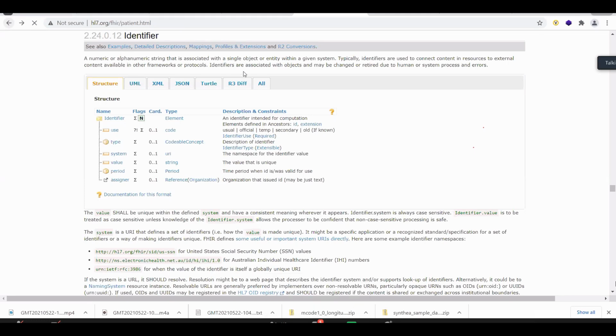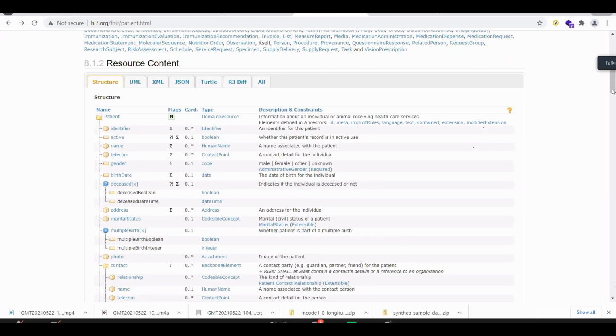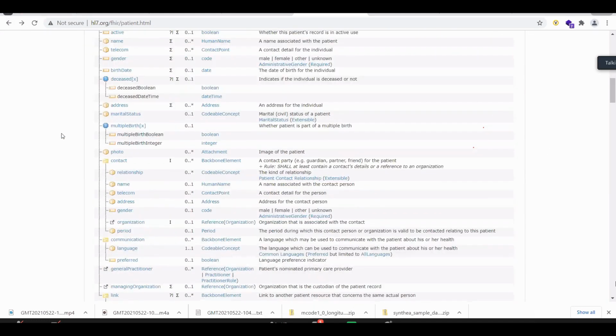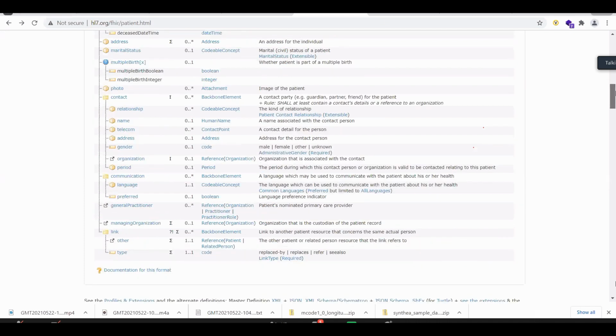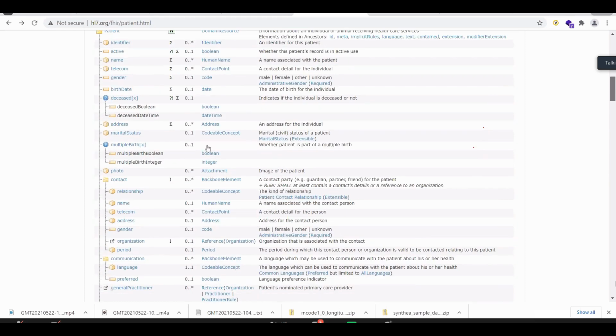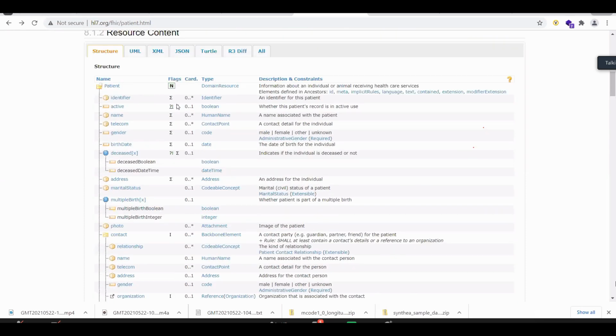Now let's go in here and say, for example, marital status. This is the simple one? No, it's also a codable concept. We'll cover it later. So let's take a simple one, maybe. Let's take the example of active itself.